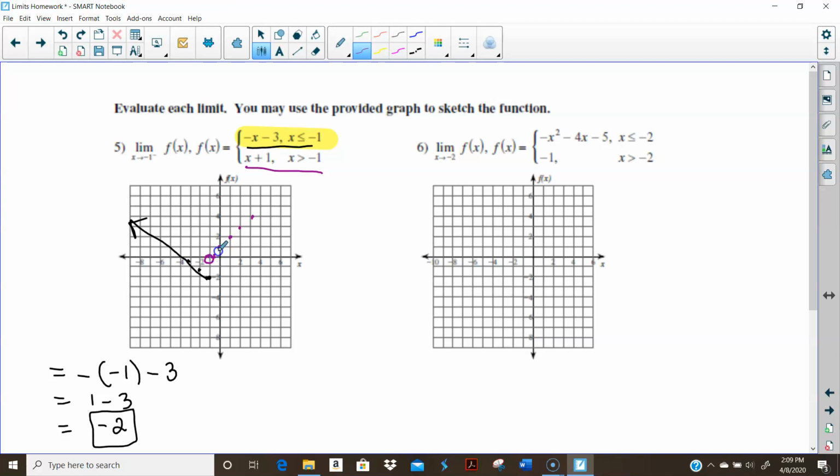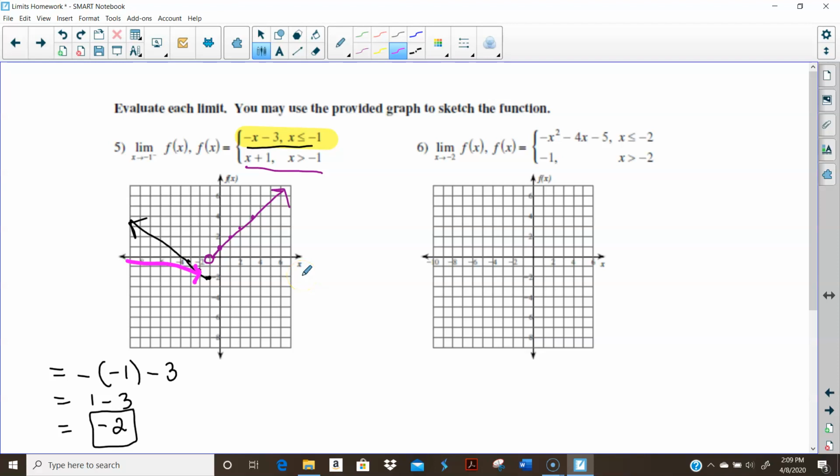And I'm only looking for this part of my graph. So now looking at the limit, if I am coming into -1 from the left-hand side, I am going to be on this black function here, which is at -2. So that is a long explanation of question number 5.